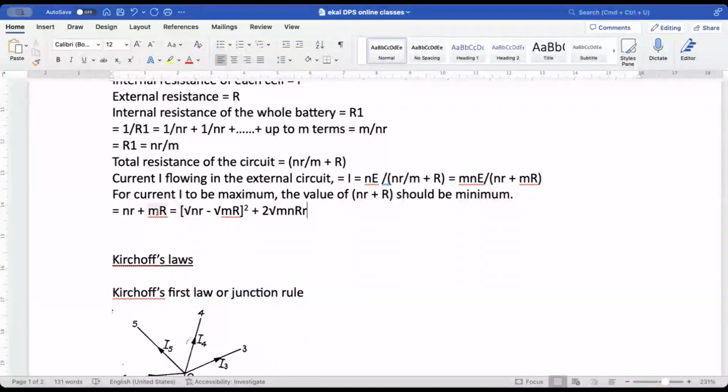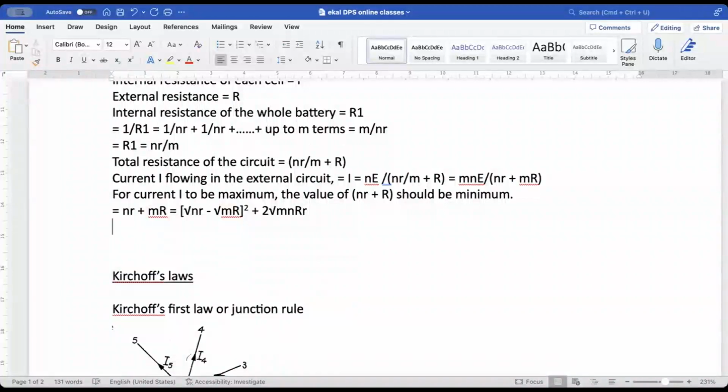For this value to be minimum, this quantity has to be minimum, and the square cannot be negative, so the minimum value should be 0.